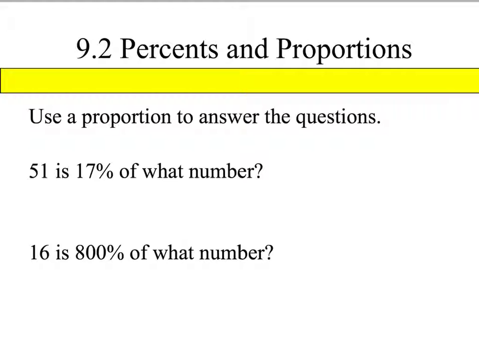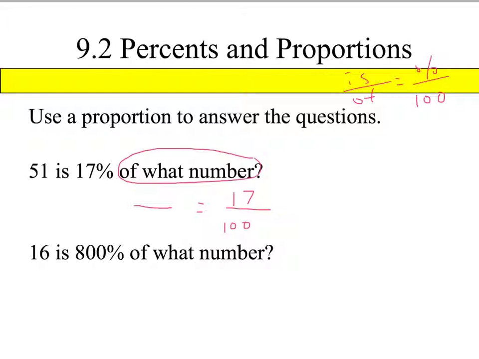All right. As a proportion, again, I have is over of is equal to percent over 100. What did I automatically know? 100. My 17% goes on top of 100. It says 51 is 17% of what number? Notice, my of is what number. I don't know what my of is, so that's where my x goes. 51 goes on top.